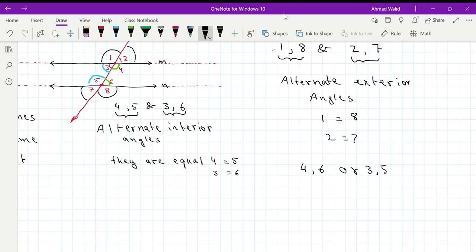We call this one interior angles on a same side of your transversal, correct?